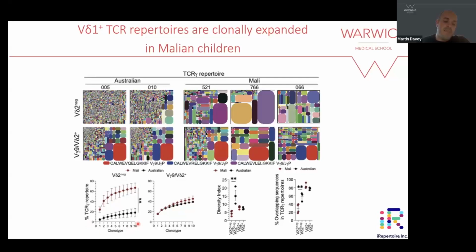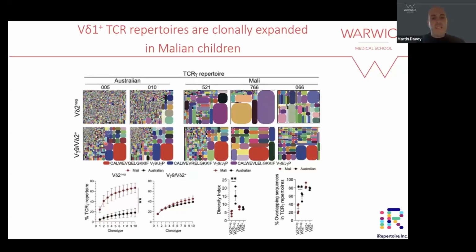If you're highly expanded, you would expect the first 5 to 10 clonotypes to take up a significant proportion of the whole repertoire, which would indicate large clonotypes being expanded. And you can see this here in these Malian populations, whereas the Australian children were really low.